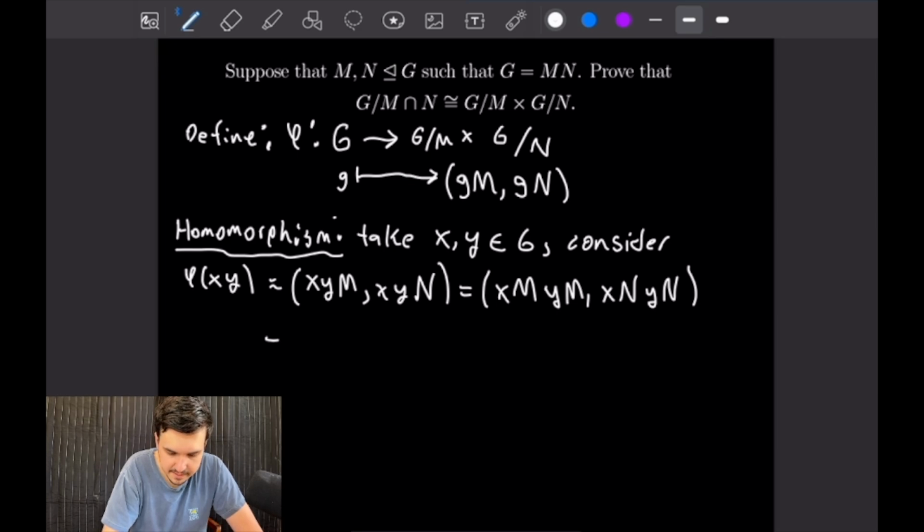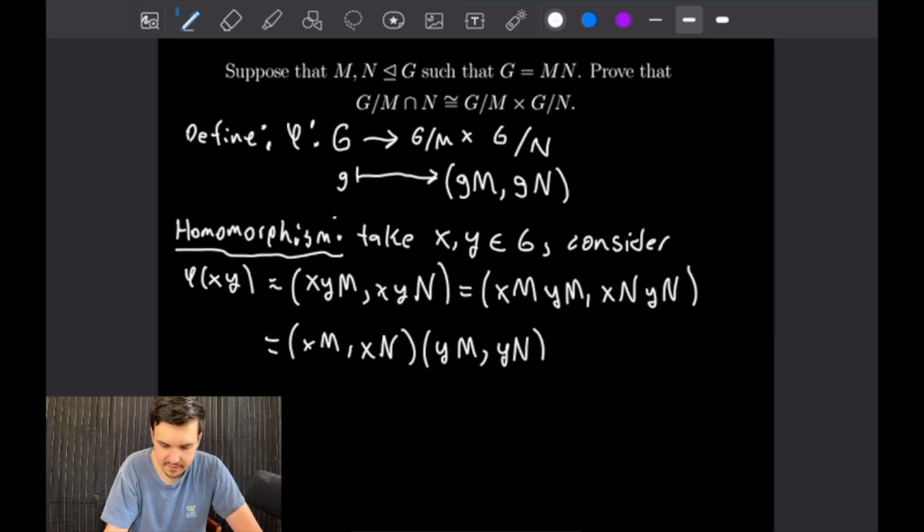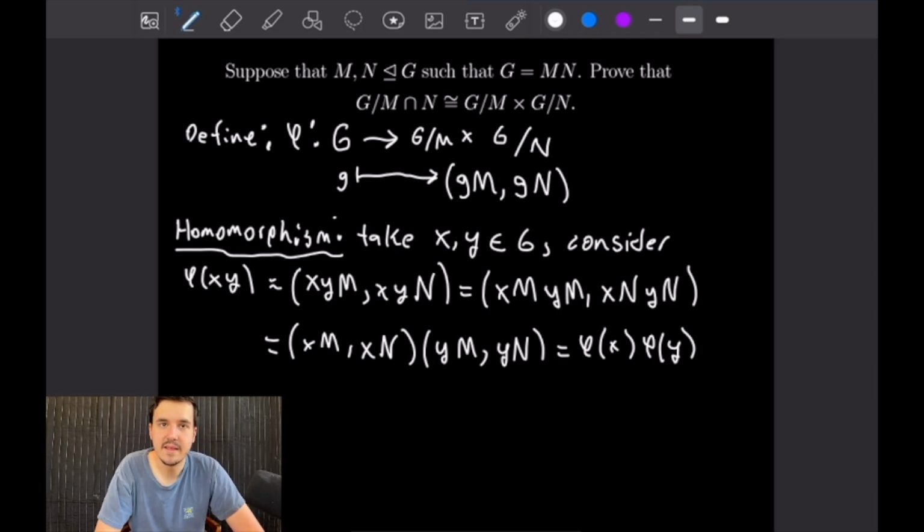But that is exactly the same thing as the ordered pair xM, xN, times the ordered pair yM, yN. That is the product of those two ordered pairs, which is exactly the definition of what we would get if we took phi of x and multiplied it by phi of y. So there you have it. We have verified that this function that I've outlined here is in fact a homomorphism.